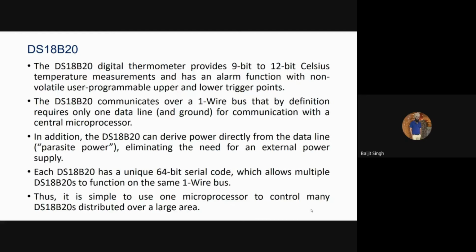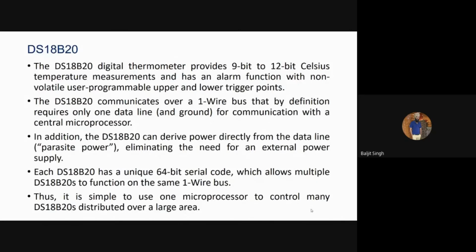So on the single line, if you have connected 1,000 or 10,000 sensors, 10,000 different unique codes will be there. So you can read each and every sensor reading separately along with their code. Let us say in a 2 kilometer or 5 kilometer area, you have put these 10,000 different temperature sensors for continuous temperature measurement at various different points. You can name different sensors according to their unique serial code.